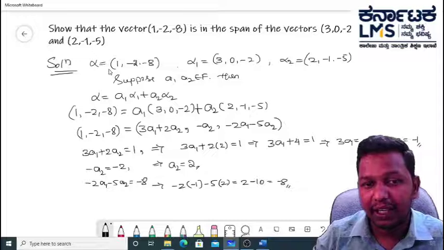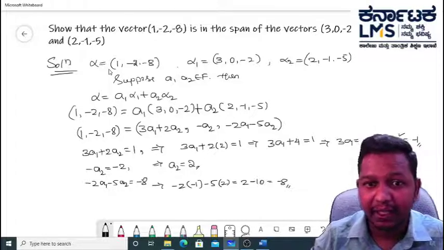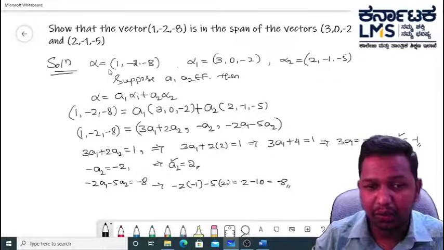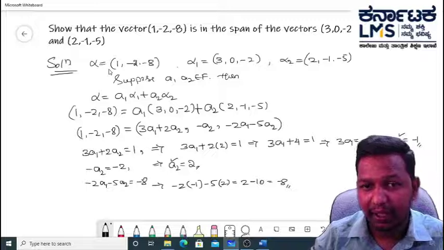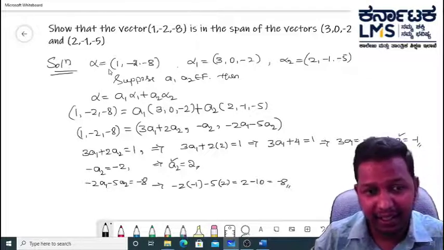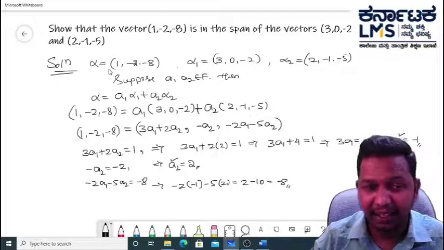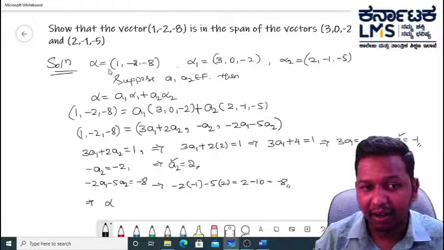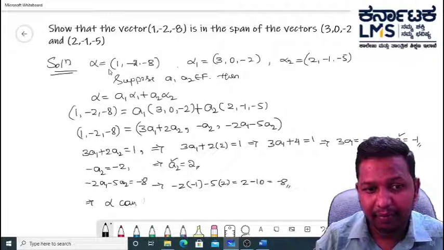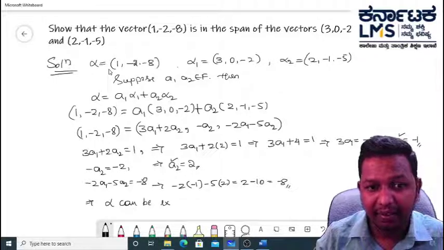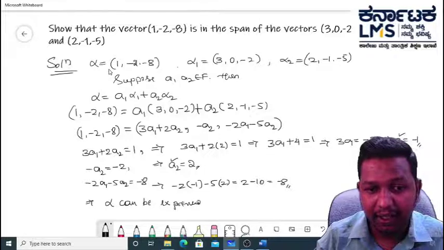The obtained values of a1 and a2 satisfy all three equations, which implies that alpha can be expressed as a linear combination.